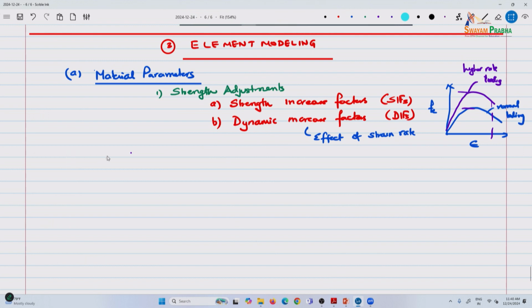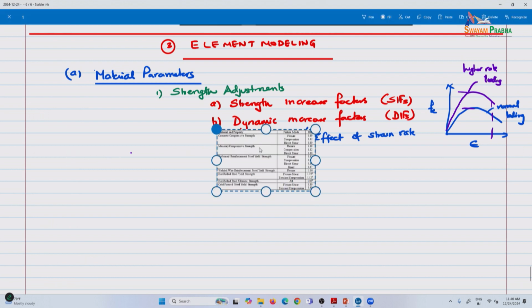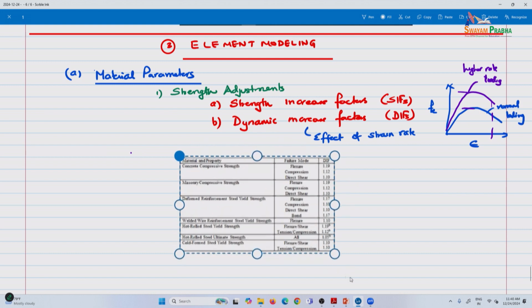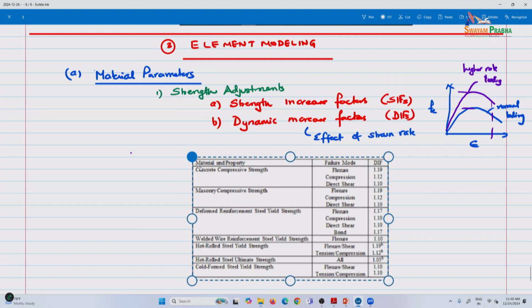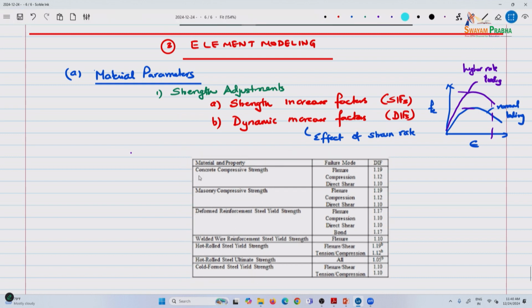I'm putting it here so that you can have it all in one document when you download it for reference for solving problems. Look at this in a little more detail. Concrete compressive strength has not only flexure, compression and direct shear, but three different values.